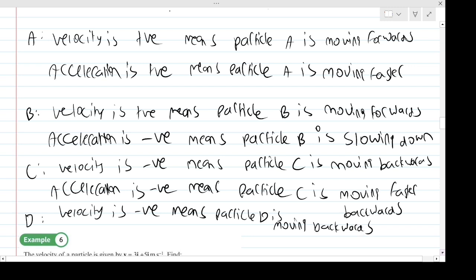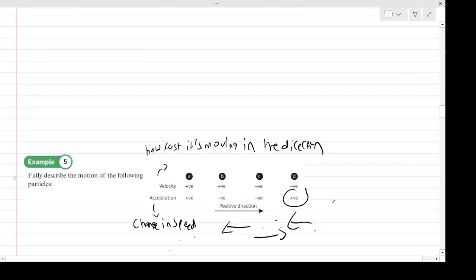And then the acceleration is positive, wasn't it? Okay, so the acceleration is positive here. So again, because forwards is the positive direction, it's becoming faster forwards.